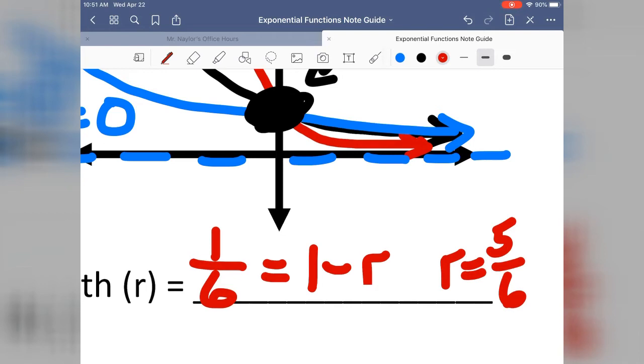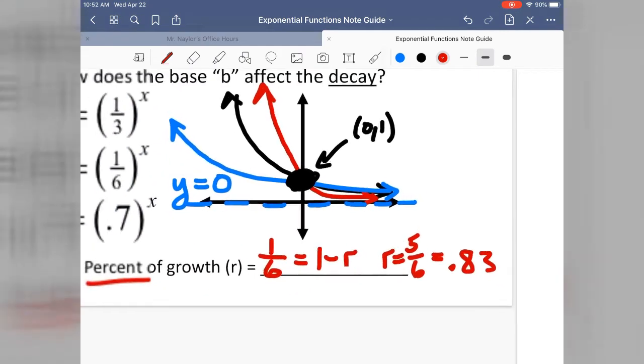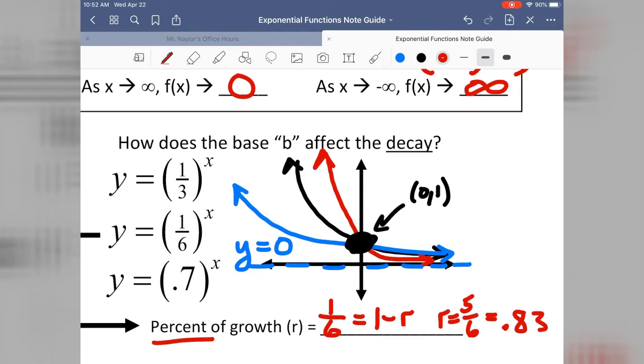Now, 5/6 would be the rate, which is the same as 83%. What that means is that 83% decay is the same as having a base of 1/6. And so we want to be careful that we don't say that the base is the percent, but rather we can find the percent by thinking about subtracting from 1.